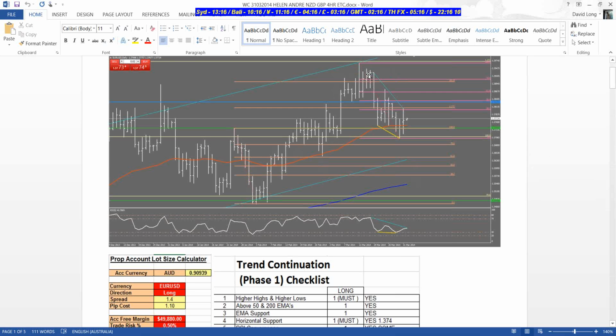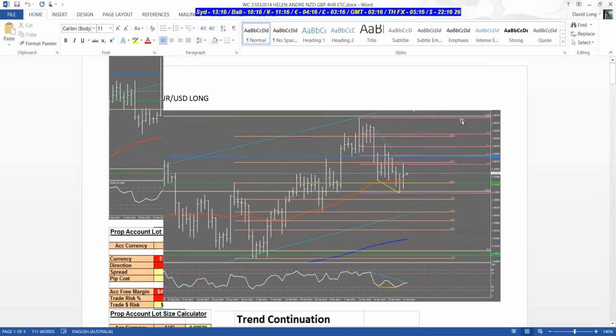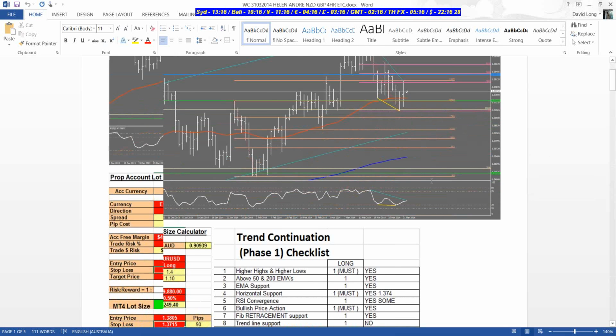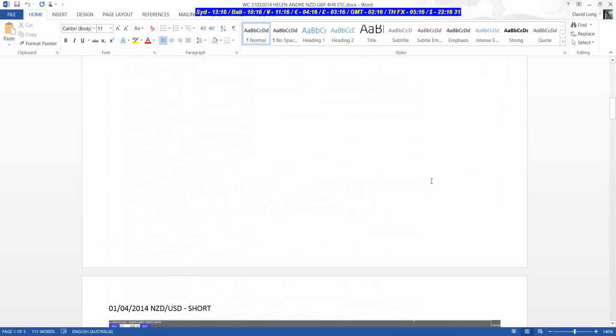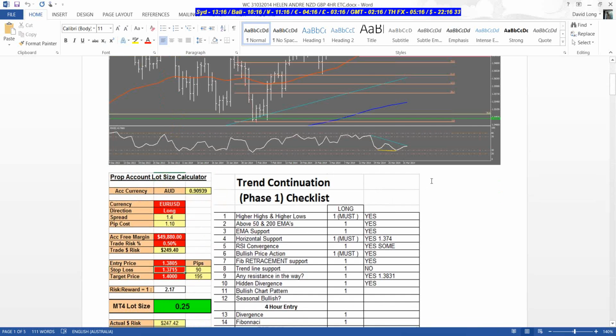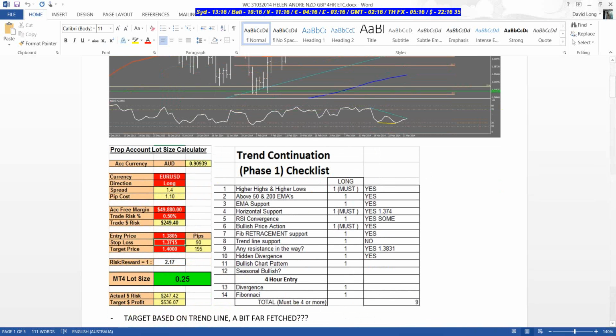All right. We've got RSI convergence. But I need to see a fib for support on this. And this pink one, I'm not sure what this pink one's telling me. I can't see the numbers. But again, it looks like you're drawing extensions there. Target based on the trend line? Yeah, you can do that.